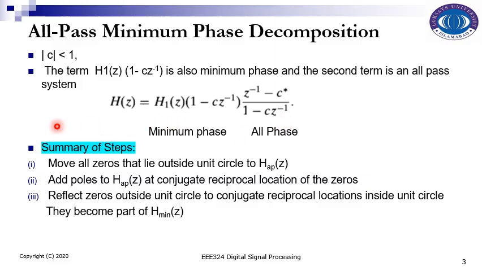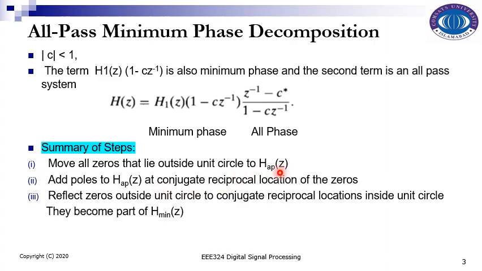So let's summarize the steps of the minimum phase decomposition again. The first thing we'll do is look at our H of Z and see if it has any zeros that lie outside the unit circle. We move all those zeros and make them a part of the all pass system.